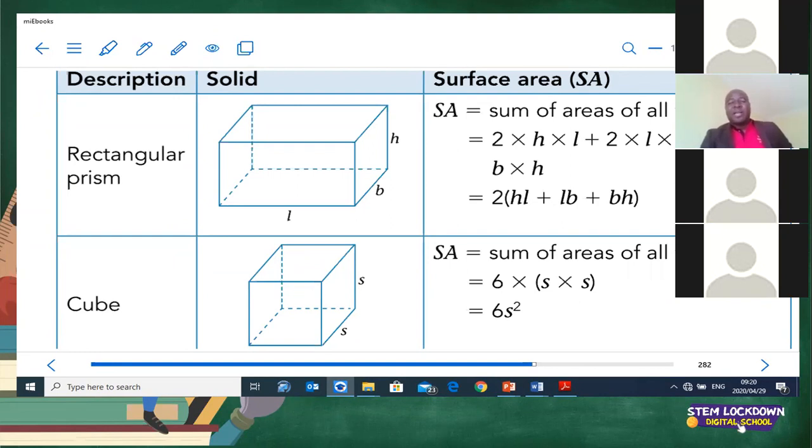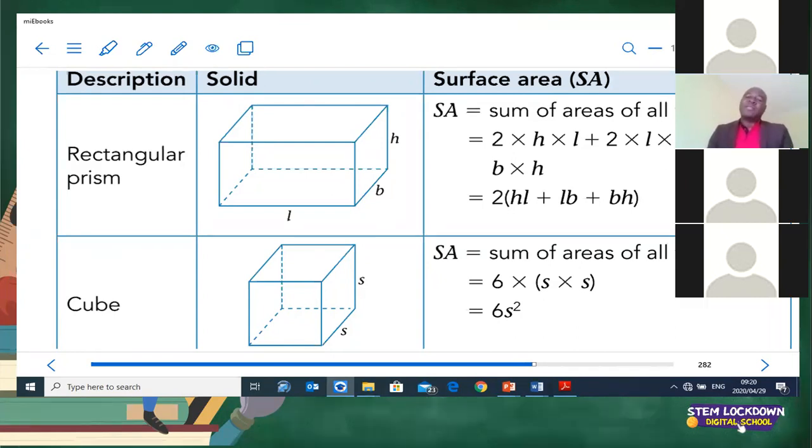Remember that in a rectangular prism, the opposite faces are equal. Therefore, you take the area of just one face and multiply it by 2, because the opposite face is equal to the original face.